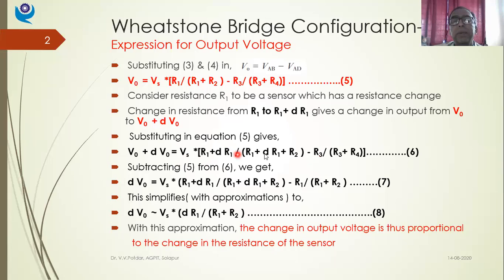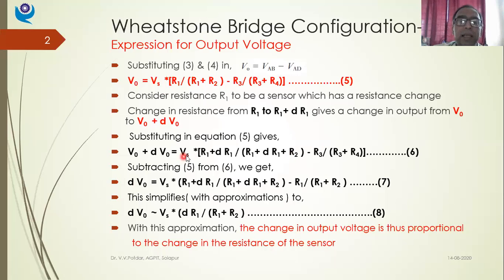So subtracting 5 from 6, V0 plus dV0 minus V0. What will remain? V0 and V0 will get cancelled. Only dV0 will remain on the left hand side. Now, Vs into this part. So what will be the term? Just try to do it, whatever I'm telling.